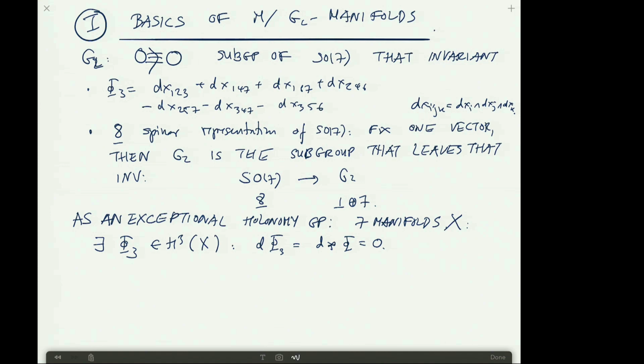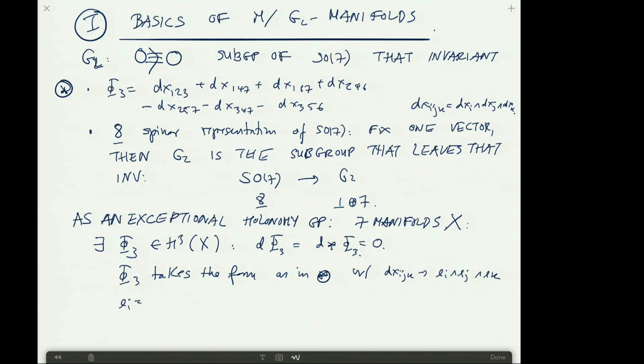And essentially here, this phi_3 you can usually write in the same form as before, with the dx^{ijk} replaced by e^i wedge e^j wedge e^k, where the e^i's are the 7-bein.